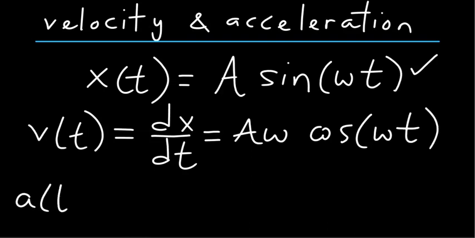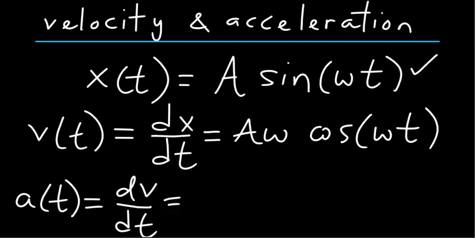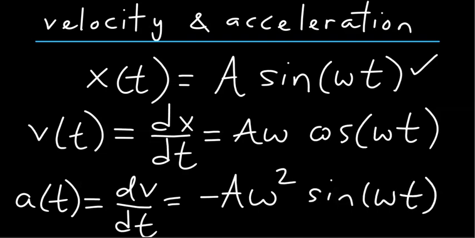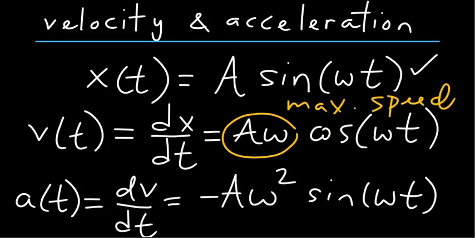And to get the acceleration, all you have to do is take the time derivative of the speed that we have just derived. So that's going to give you minus a omega squared sine omega t. This is called the maximum speed of this oscillator, and this is called the maximum acceleration of the oscillator.